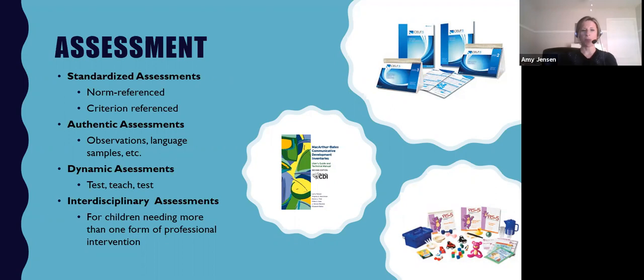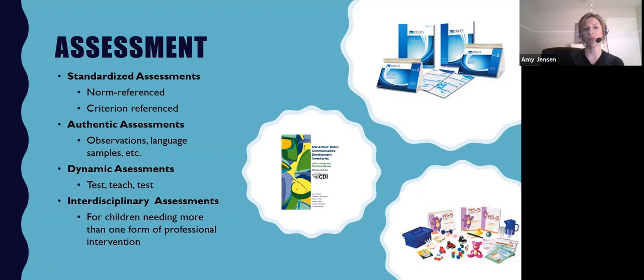A large sample of their peers and kind of look at how they do on these certain tasks, and then we compare the child to how they functioned relative to their peers. Did they kind of fall in the middle of that distribution? Are they lagging behind? Are they ahead? So these standardized assessments have been set up so that we can make age-based comparisons to children's peers and see where their strengths and weaknesses might lie.